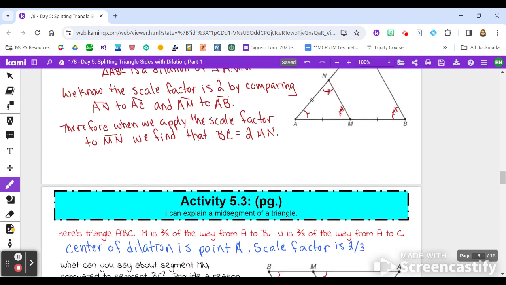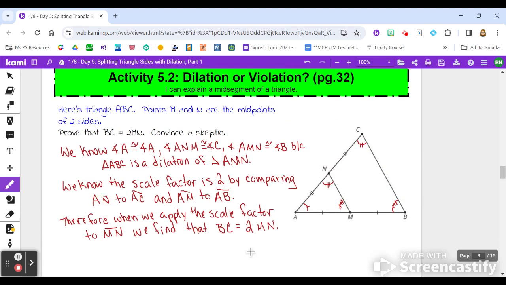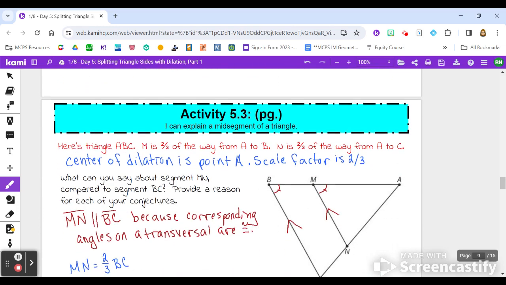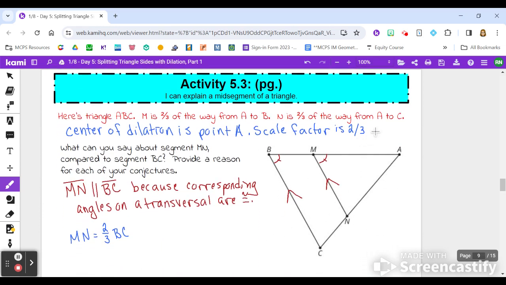If you look back at the last one, the reason BC was equal to 2 times MN is because our original triangle was AMN and our dilated triangle was ABC. For this example, our scale factor tells us the image is the smaller triangle, so I have to apply the scale factor to the pre-image. So I'm applying the scale factor to segment BC because that's in the pre-image triangle.